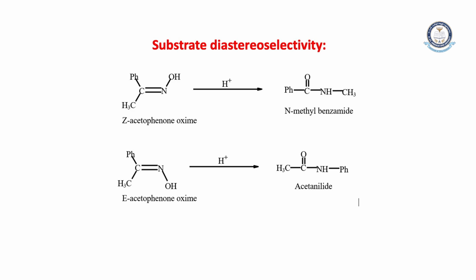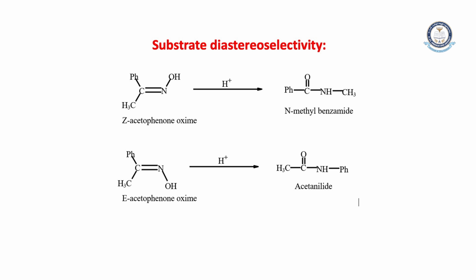Let us see substrate diastereoselective reactions. On screen you can see there are two isomers, Z-acetophenone oxime and E-acetophenone oxime. Z and E are generally diastereomers, and both are undergoing the Beckmann reaction.